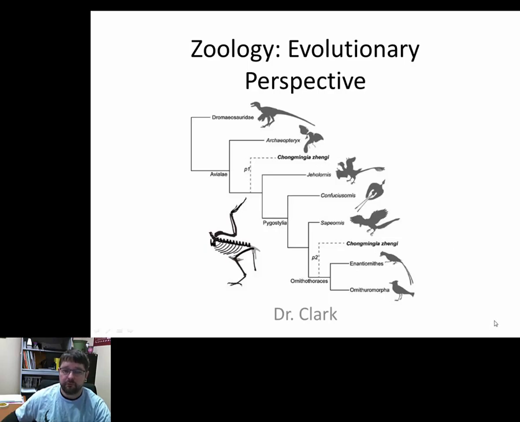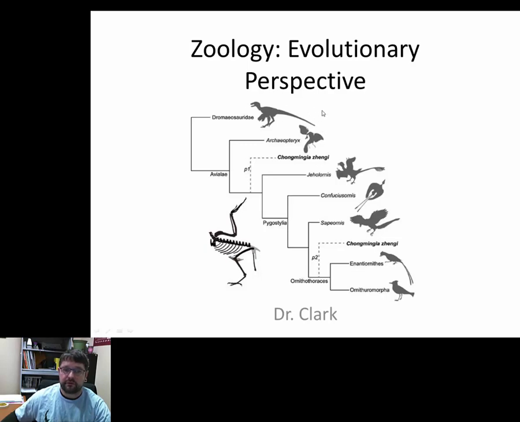We have all these other transitional fossils, all these other varieties of half dinosaur, half bird, where we're looking at things like the coccyx. We're looking at the reduction of a tail.